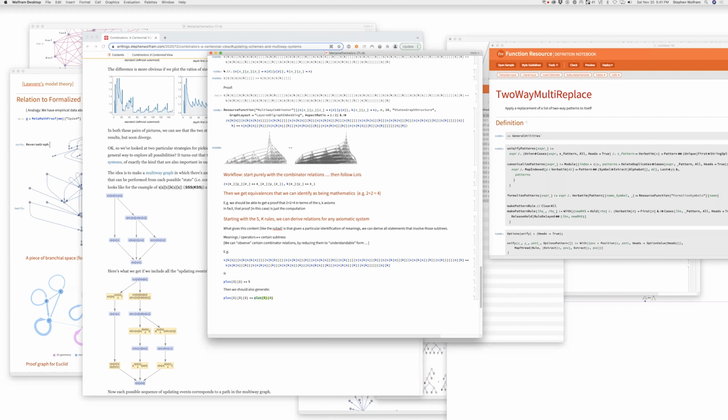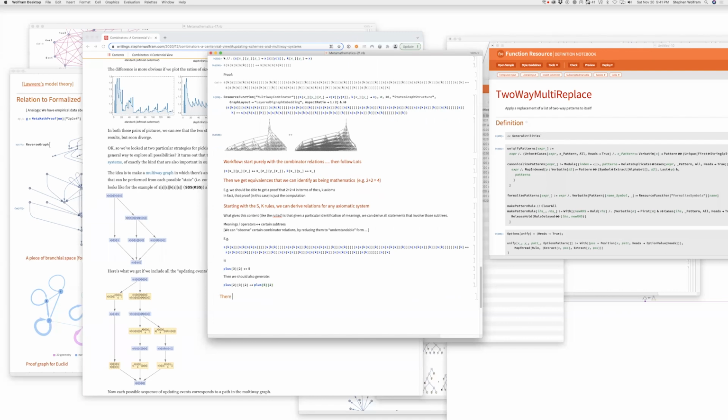In other words, the basic claim is there will be certain definable things that survive, quotes, proof evolution.